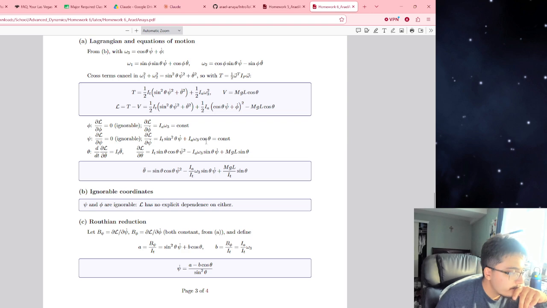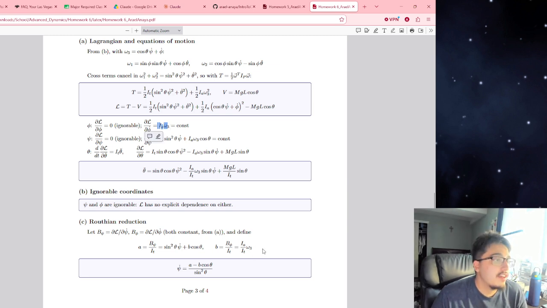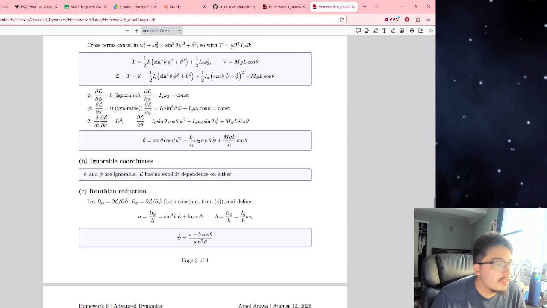Then we define some constant a, which is just this equation divided by IT. So that's where this sine squared theta psi dot term comes from. And then we have this plus b cosine theta. And this b comes from our second definition, where b is just defined as b phi over IT, this equation, which is the same as IA over IT omega 3, which as you can see is the term we have here. So then this all ends up becoming this equation for a.